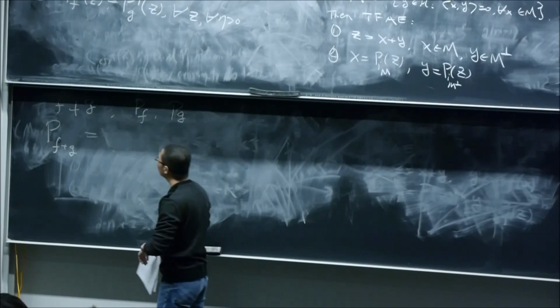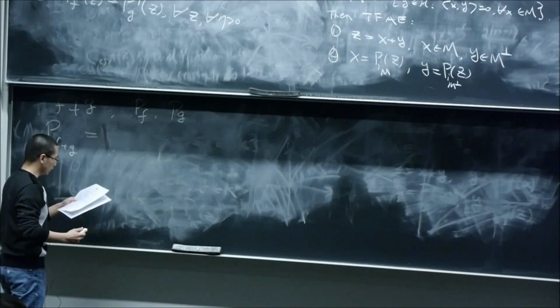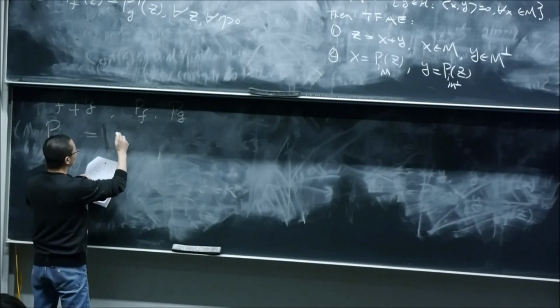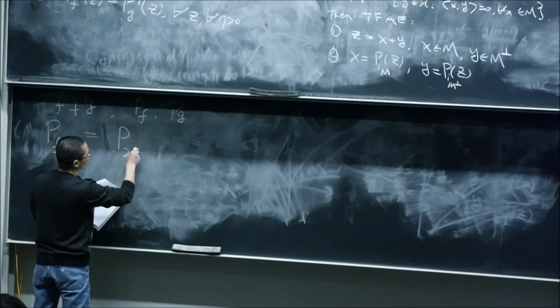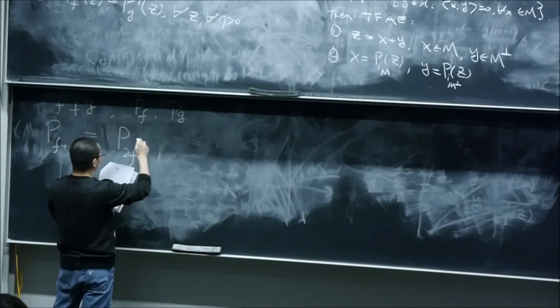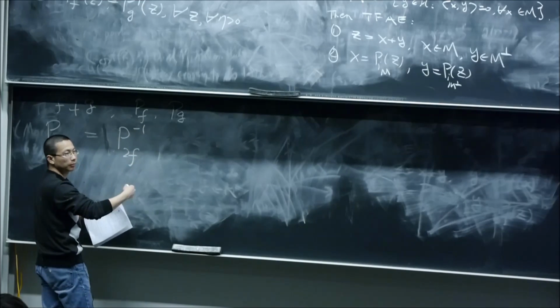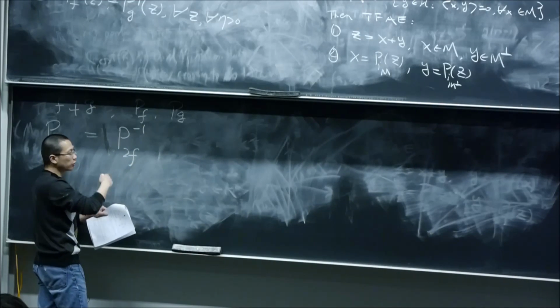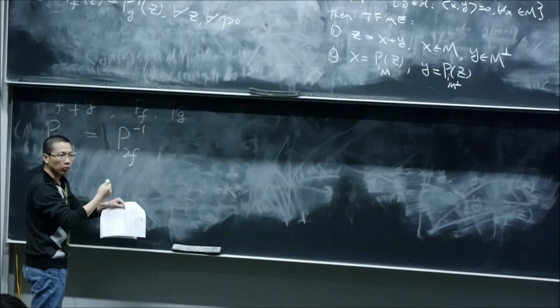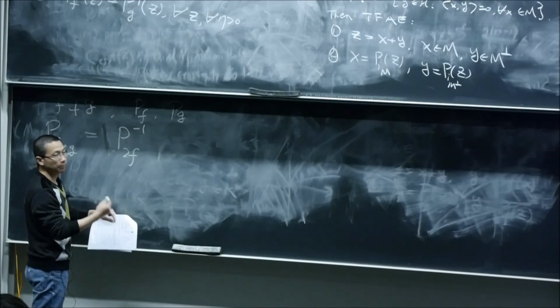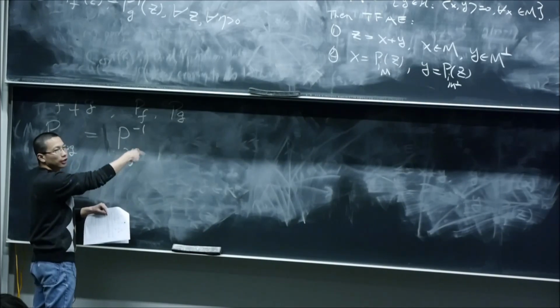And as a matter of fact, there is a closed form. There is an analytic formula for you. And the formula is this. It's not hard to prove. P of F, take the inverse of this, because this is a one-to-one map. You can show the proximity operator is a one-to-one and onto map. It's a bijection, essentially. That's why you can take the inverse.